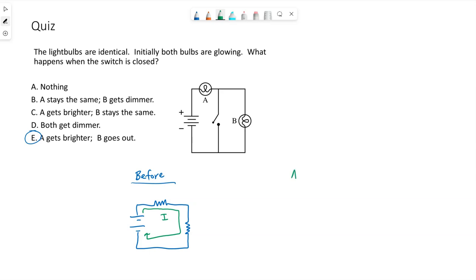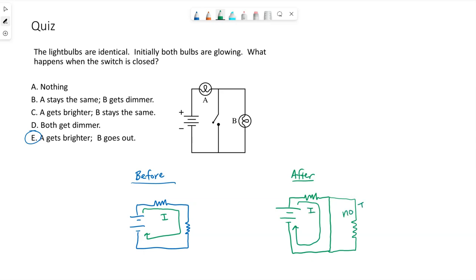Once we close the switch, we're assuming ideal wires. If the switch is closed, then all of the current is just going to go down through that middle wire. No current through B. And that's because the path here now that had the switch in it has no resistance.